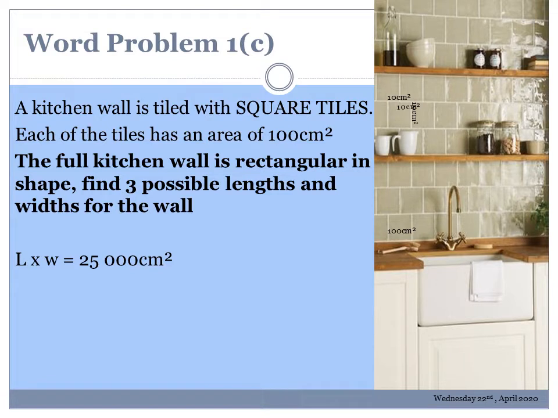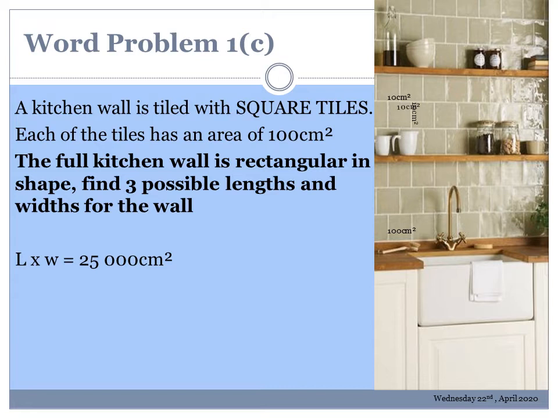Now let's see question 1c. This one says the kitchen is actually rectangular in shape. Now we know that it has a total area of 25,000 square centimeters. That's the tiles in the kitchen.